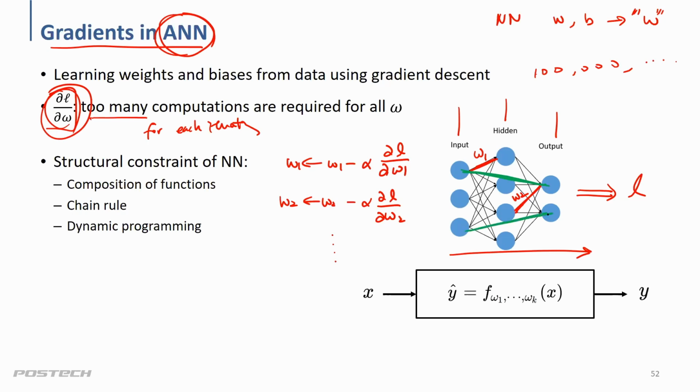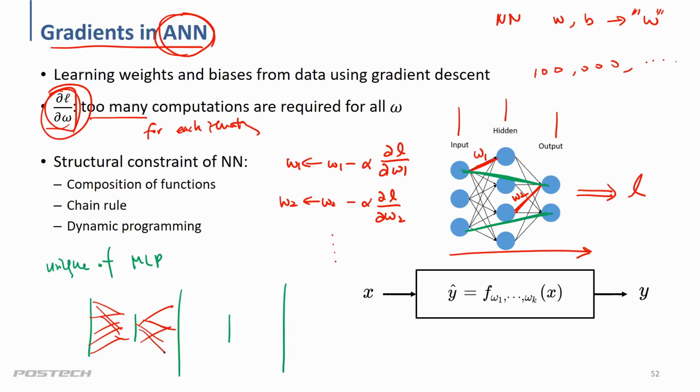So the uniqueness of an MLP is that we have layers, and there are connections only between them.